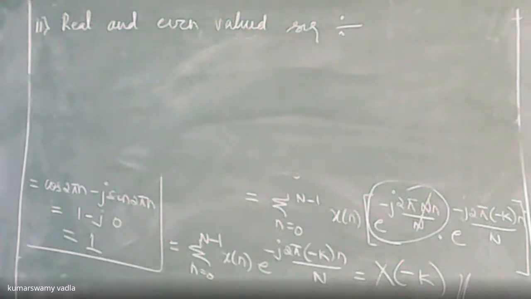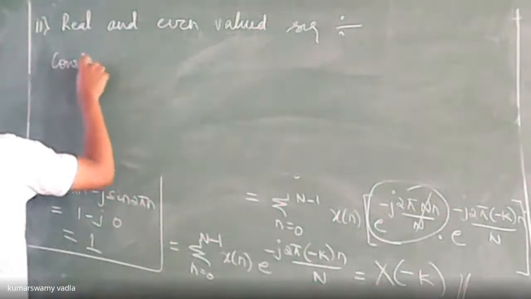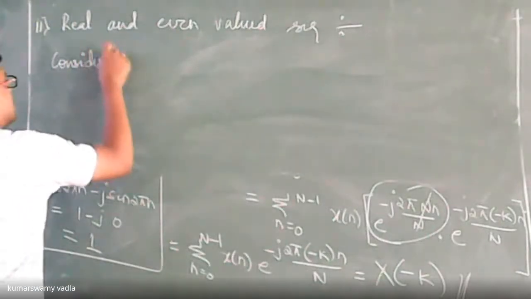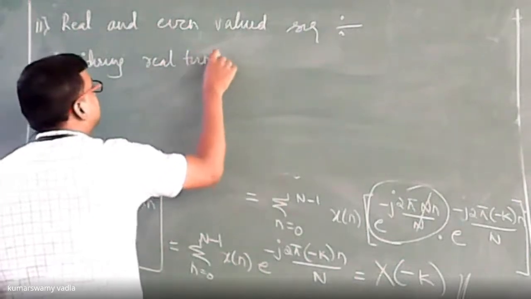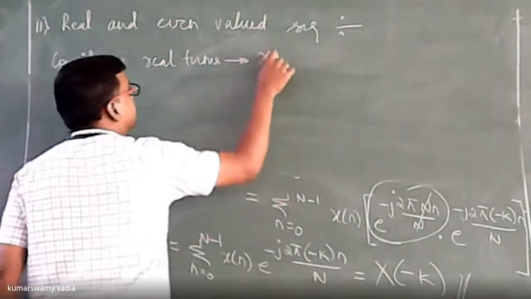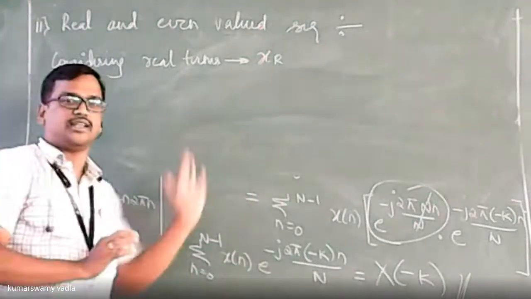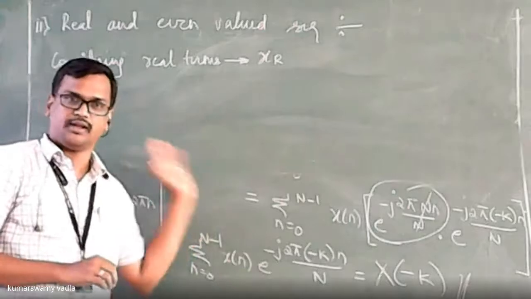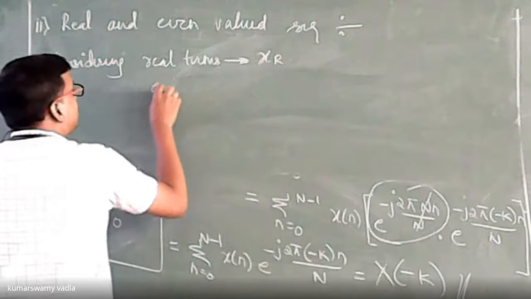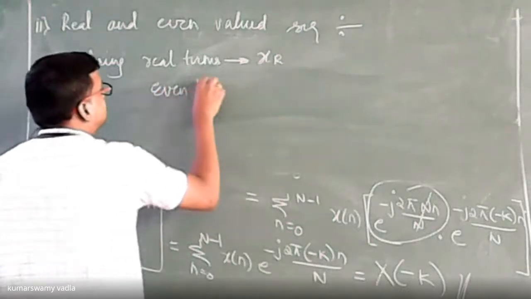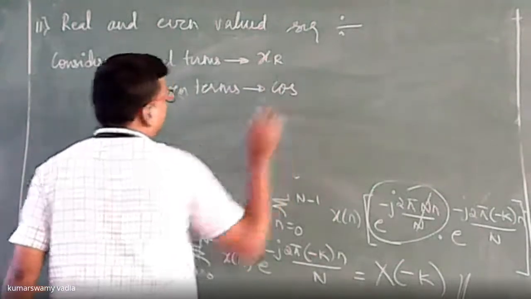Considering real terms as xr, that is suffix r, whatever you get, that is real. Clear? And even terms means cosine or cos.